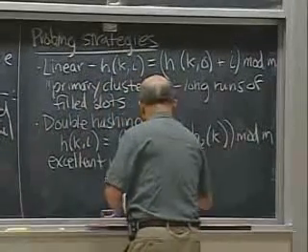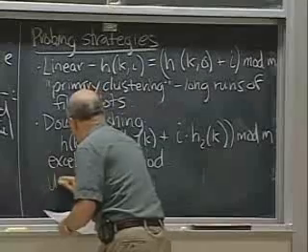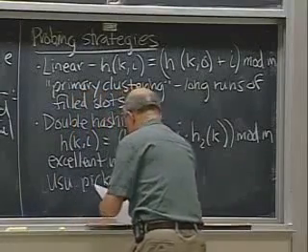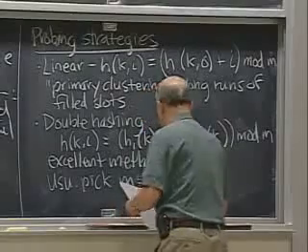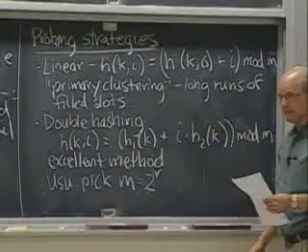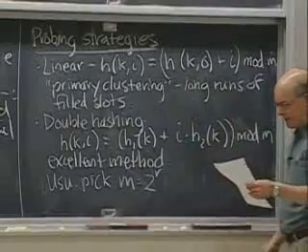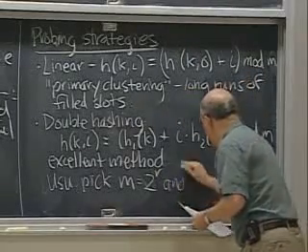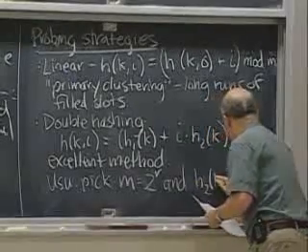It does a fine job, and you usually pick m to be a power of 2 here. Usually people use this with the multiplication method, for example. So m is a power of 2, and h2 of k you force to be odd.